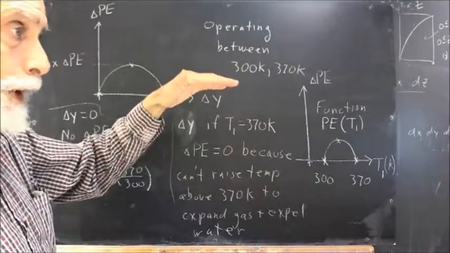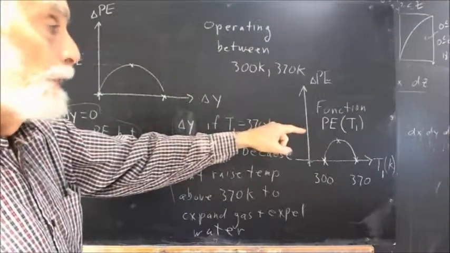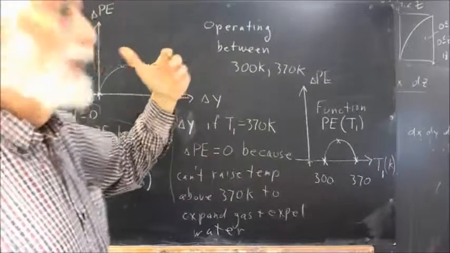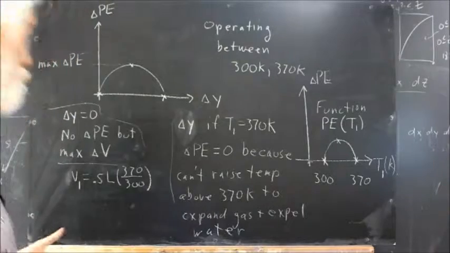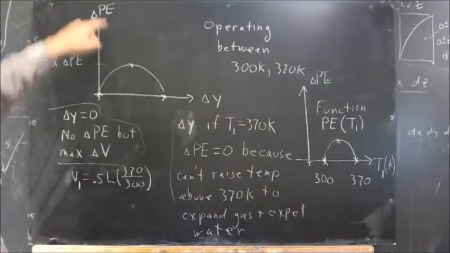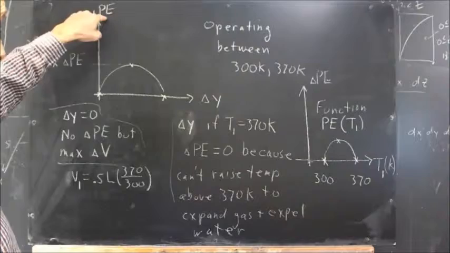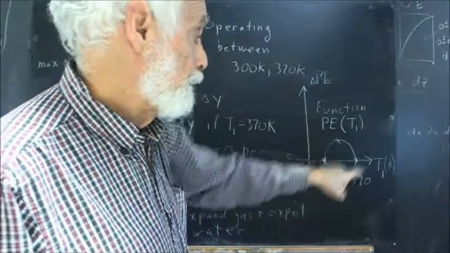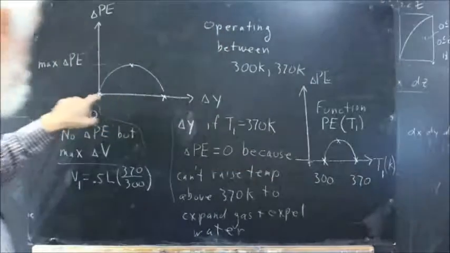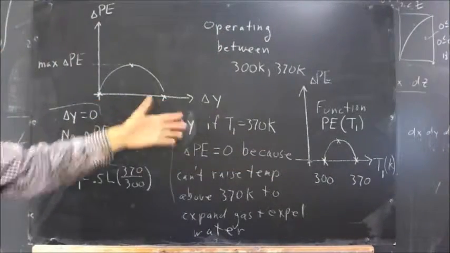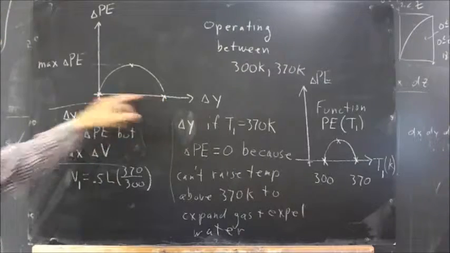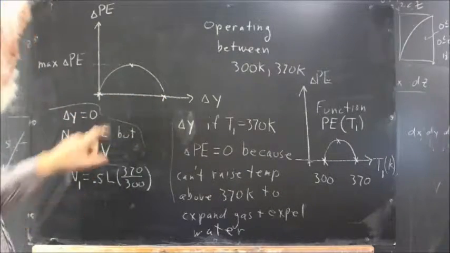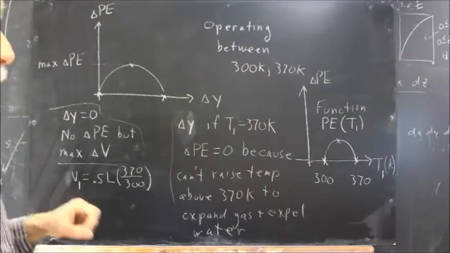It determines how high the water can be, because T1 will determine how much pressure you can get, and it determines how much expansion there is at constant pressure, so it determines the change in potential energy. So there's a definite relationship between the intermediate temperature T1 and the potential energy change. It's not a linear relationship. It's a little more complicated than that. It's not overly complicated. It's not that difficult to understand, but there is a relationship.